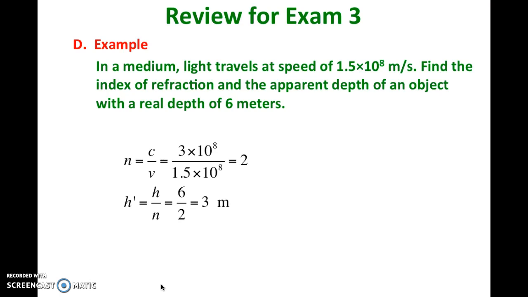From the index of refraction formula, n equals c over v, substituting 3 times 10 to the 8 meters per second into c, and 1.5 times 10 to the 8 meters per second into v, we have the index of refraction n equals 2. Then dividing the real depth 6 meters by the index of refraction 2, we obtain the apparent depth h prime equal to 3 meters.